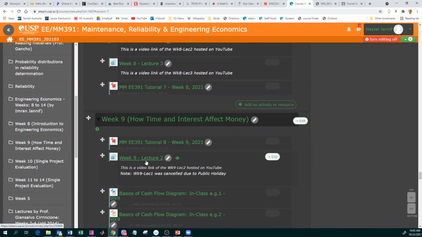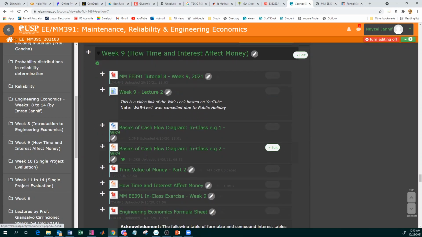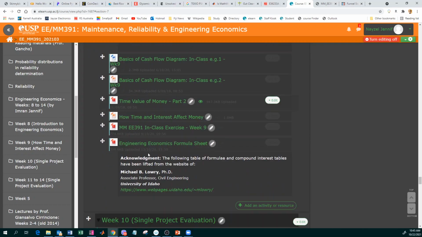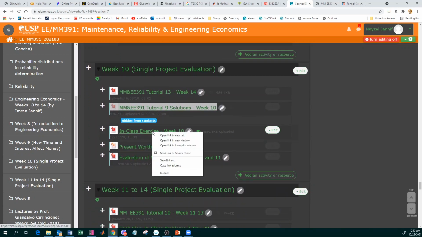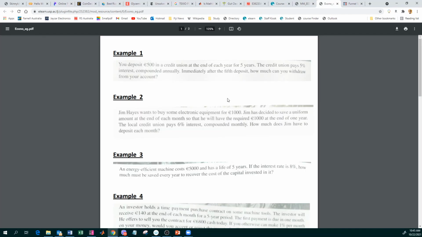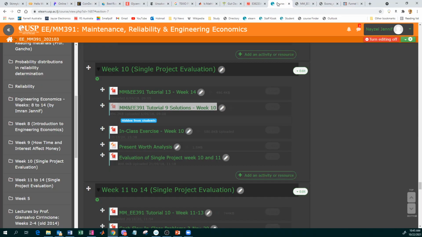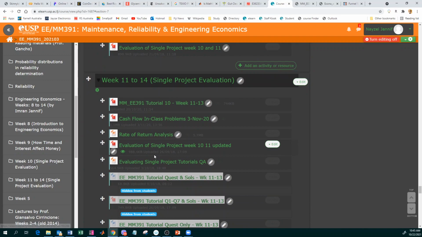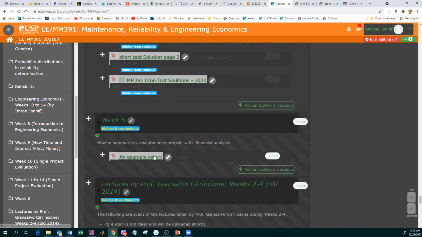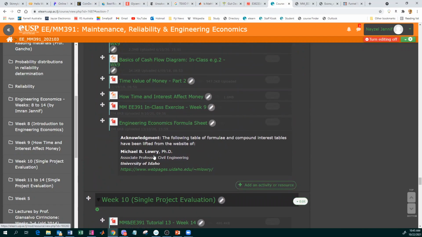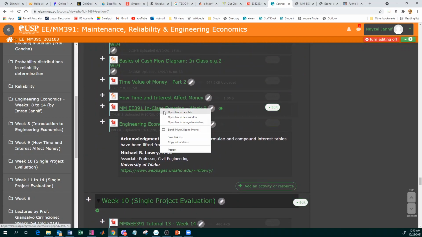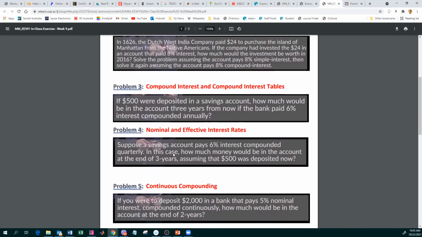These are all being recorded, and almost straight away I always upload that. This is the cash flow examples, the 2 which we have just done, right? And if you're looking for the problem which we are doing now, it's called in-class exercises. Oh, sorry, not that one. There'll be another one that's separate. Here, guys, in-class exercises week 9. There we go.